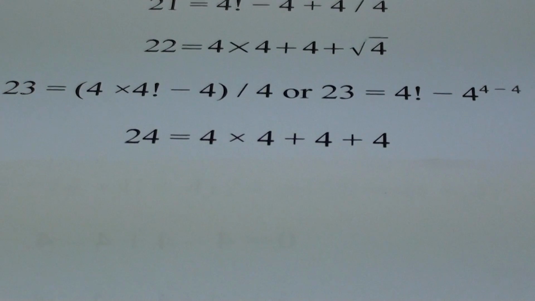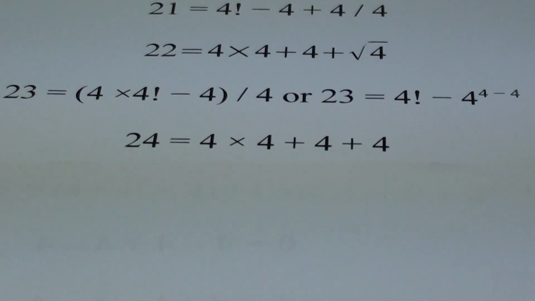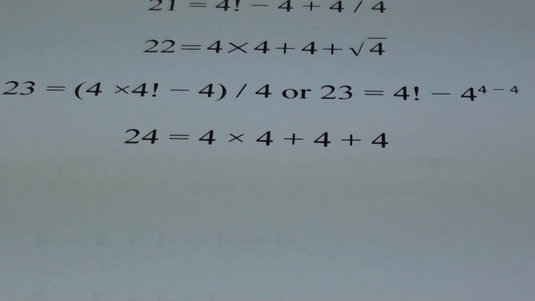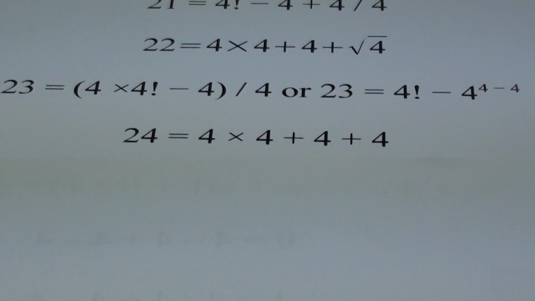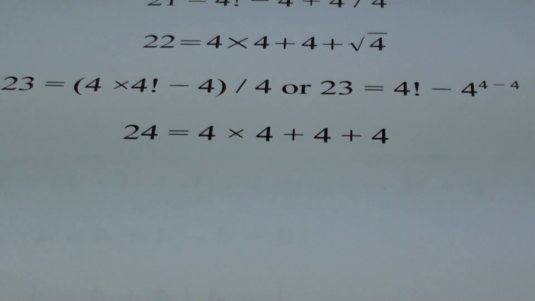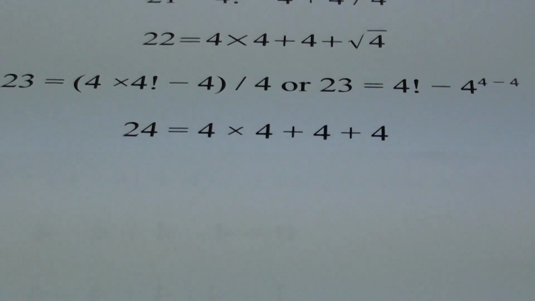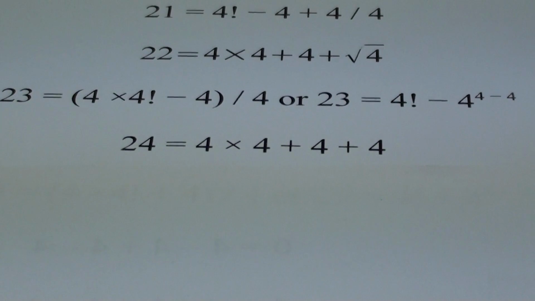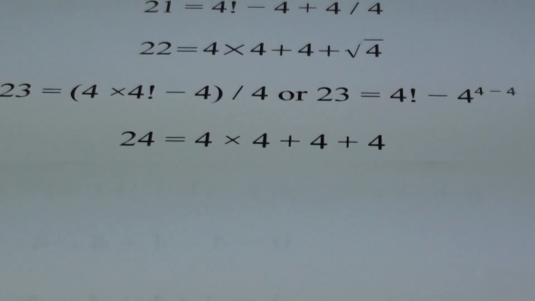It's 4 times 4, which makes 16, plus 4, plus 4. You could have also tried to use factorial 4 and nullify the 3 other 4s into 0. There are possibilities to do that, but I think this solution is quite cool and easy.